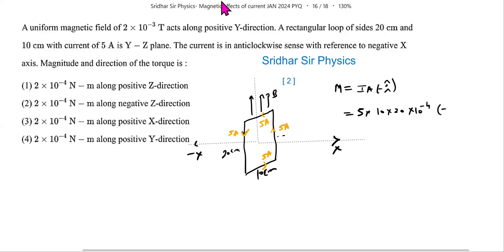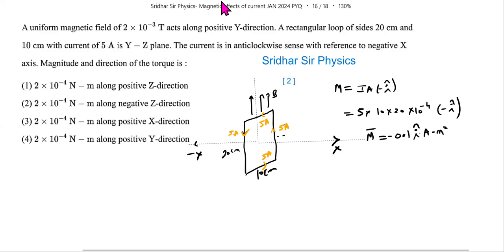So this will be minus 0.1 I cap, the dipole moment in ampere meter square. That's the dipole moment.